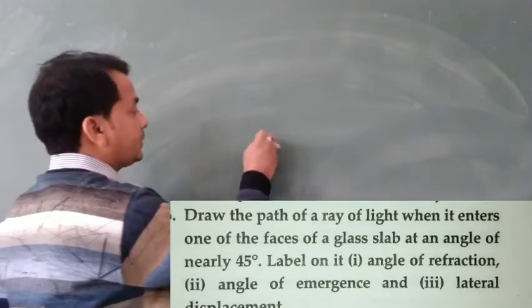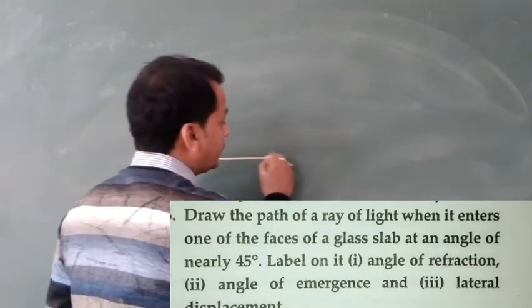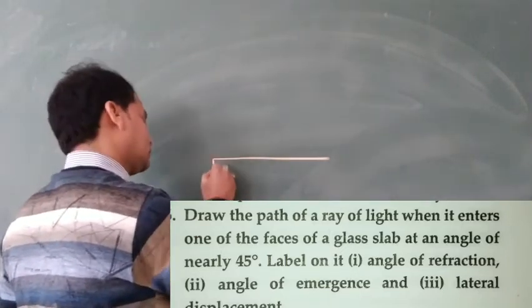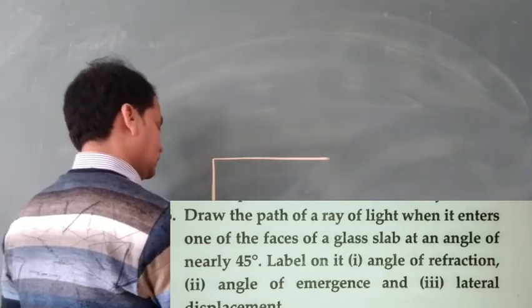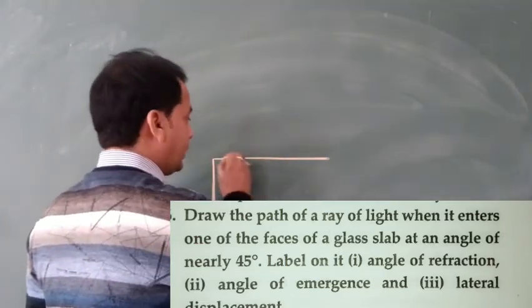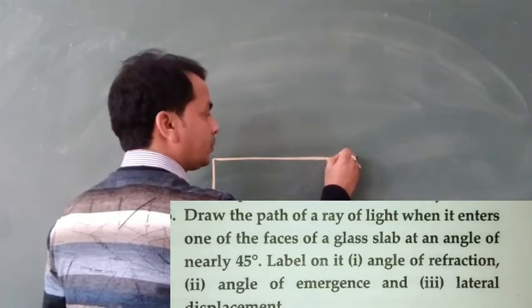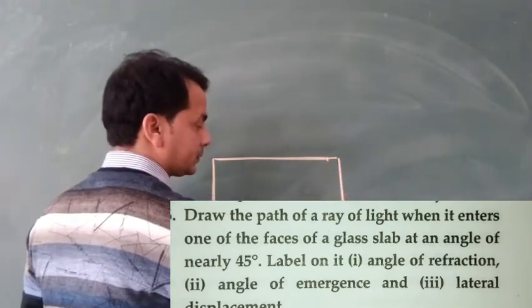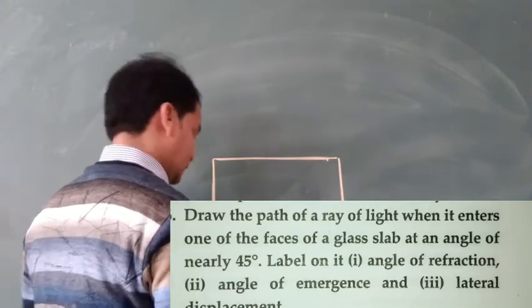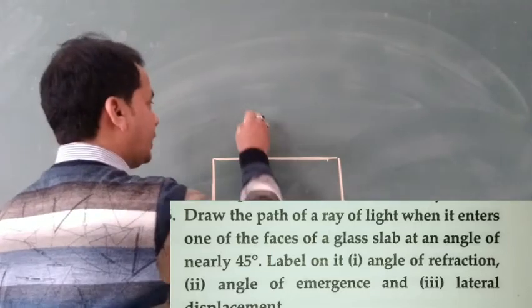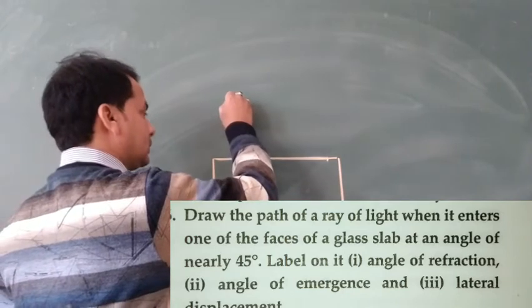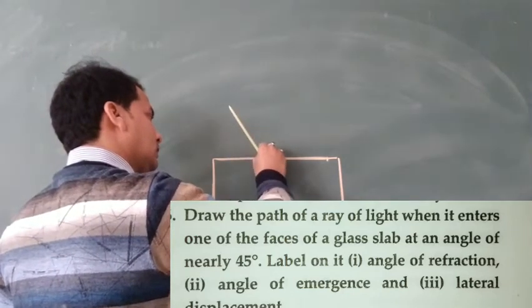In the diagram here, take one glass slab, and the angle of incidence here is 45 degrees.